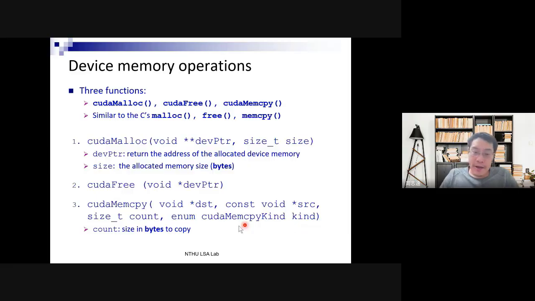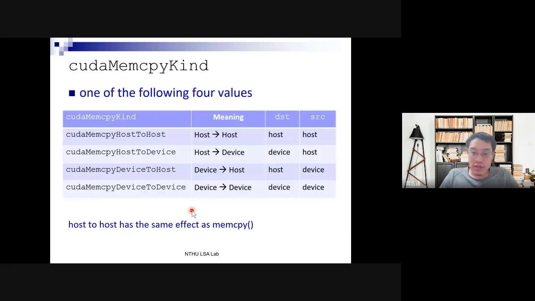So in that case, as you can see over here, if it's host to host, then both the source and destination should be host memory pointers. While if it's host to device, then the source should be a host memory address, and the destination should be a device memory pointer, and so on and so forth. So you have to be careful.